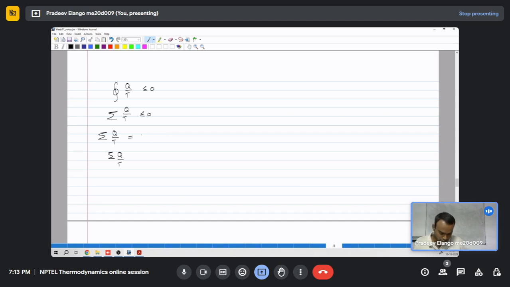So if you take this, you will have minus entropy generated. So this means a negative value, right? Less than or equal to 0 is a negative value. So that is equal to the magnitude of the entropy that is generated. Okay, sir. Understood, sir.